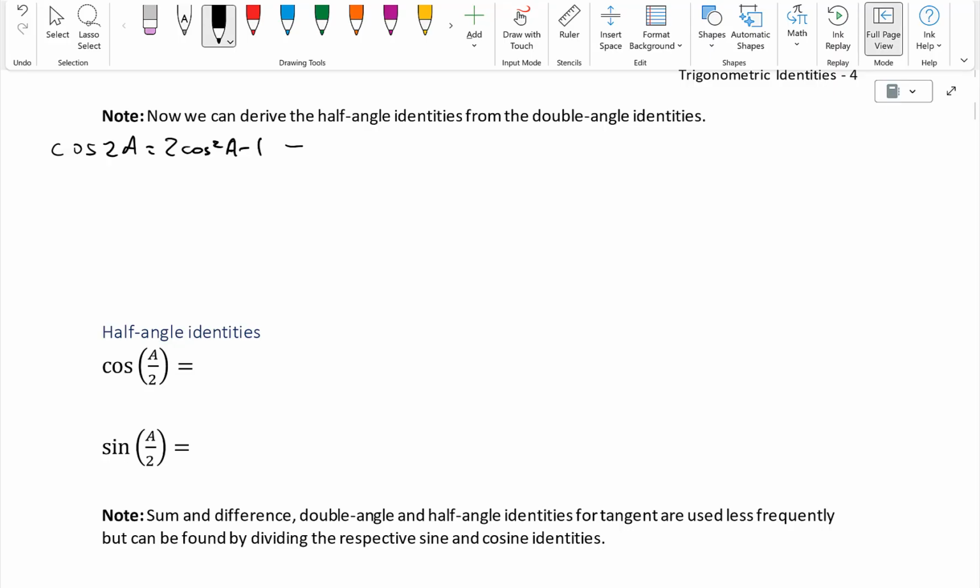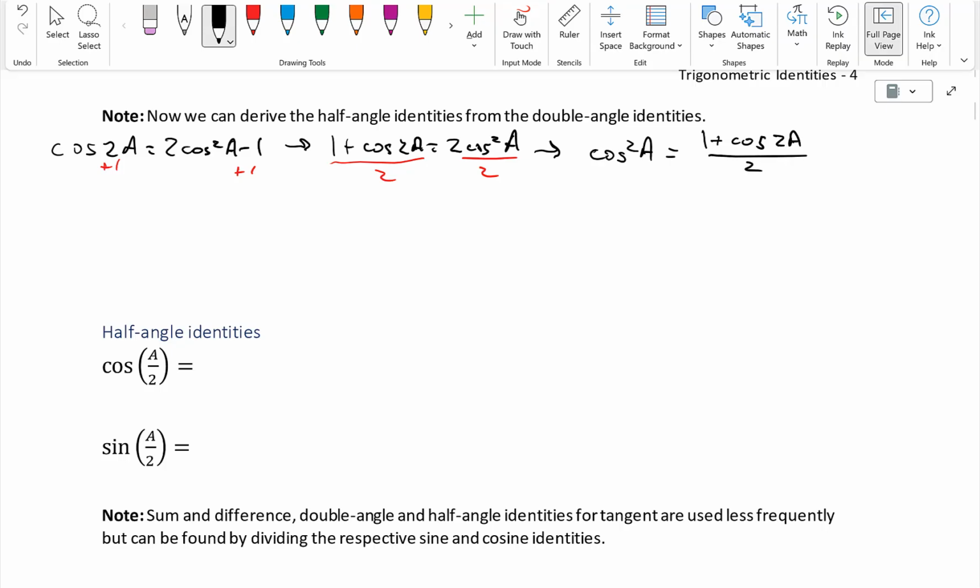So our first step, we can add that 1 over, and we get a 1 plus cosine 2A equals 2 cosine squared A. Right, so we added the 1 to both sides. Then we can divide by the 2, which gives us, I'm going to rewrite it this way, cosine squared of A equals 1 plus cosine of 2A all over 2.